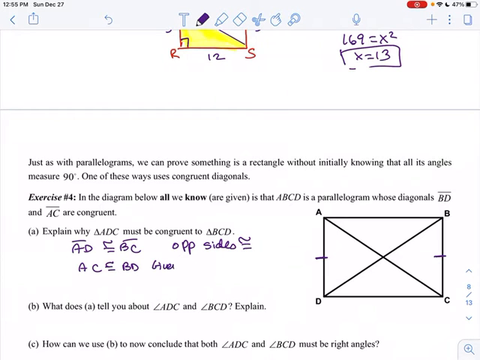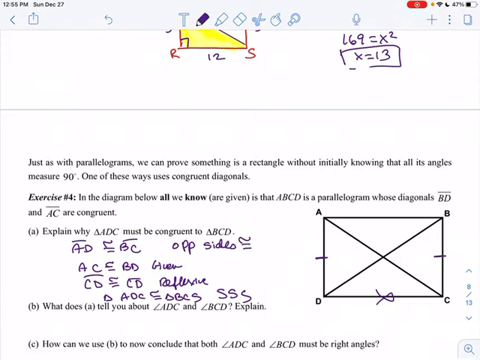AC is congruent to BD, and that was the given. And CD is congruent to CD, reflexive. So therefore, triangle ADC is congruent to triangle BCD, and that's going to be side, side, side.